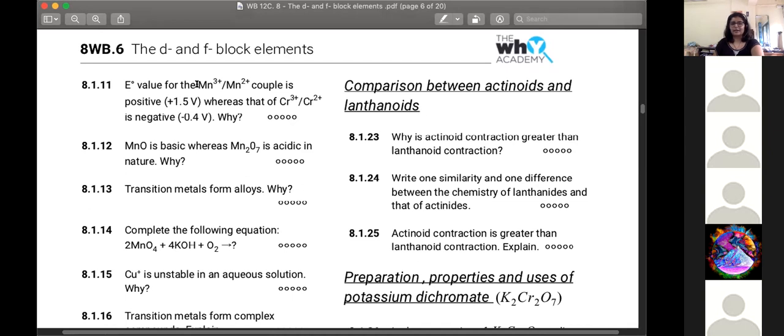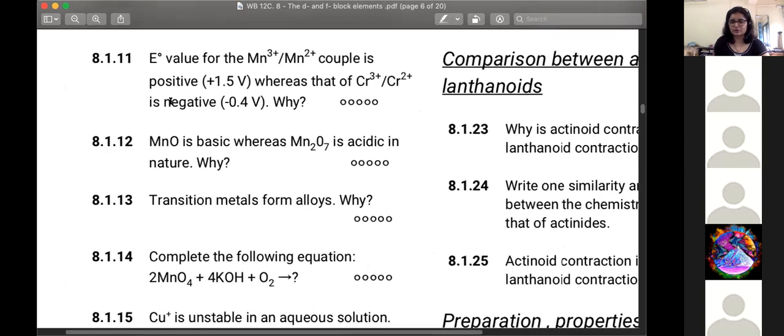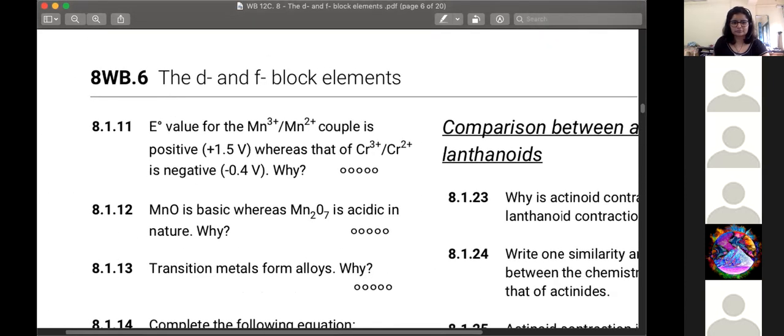So Mn3+/Mn2+ couple is positive, but chromium 3+/chromium 2+ is negative. Why? Kingshuk is saying he can't see. Do I need to zoom in, or is it not visible at all? I am sharing the screen.